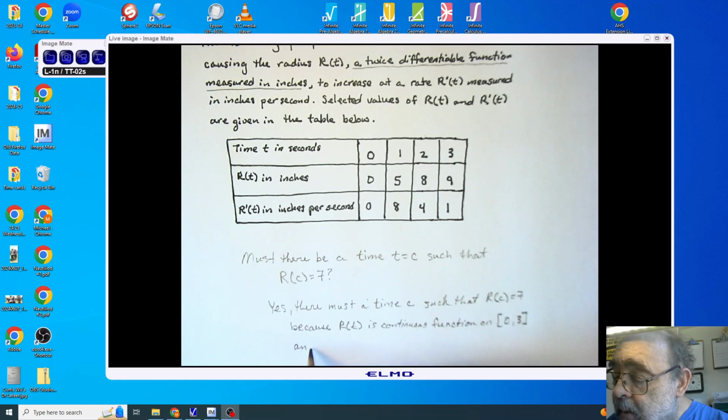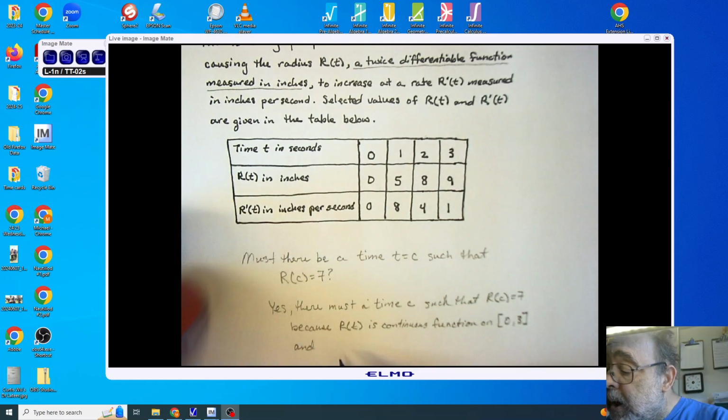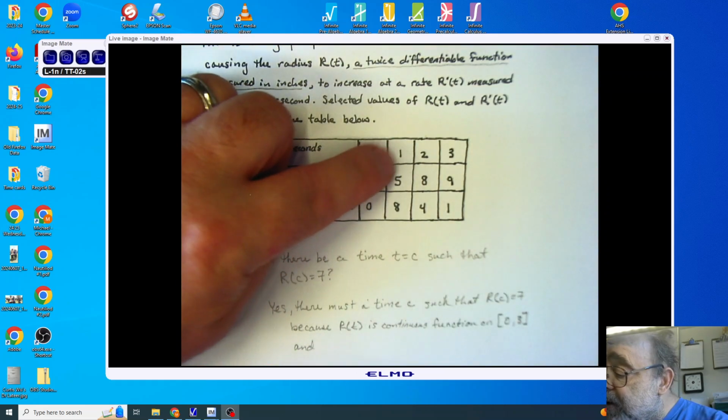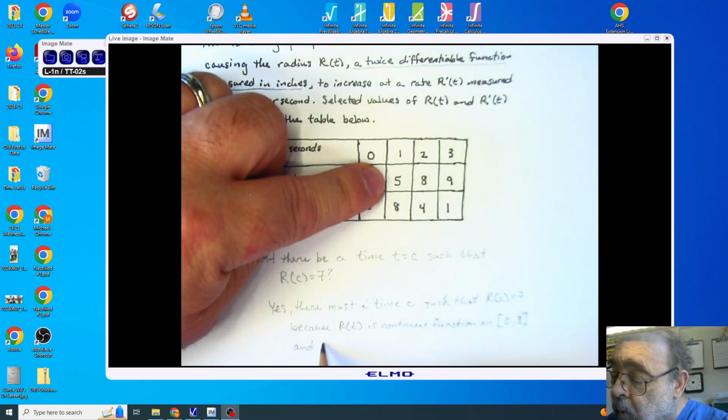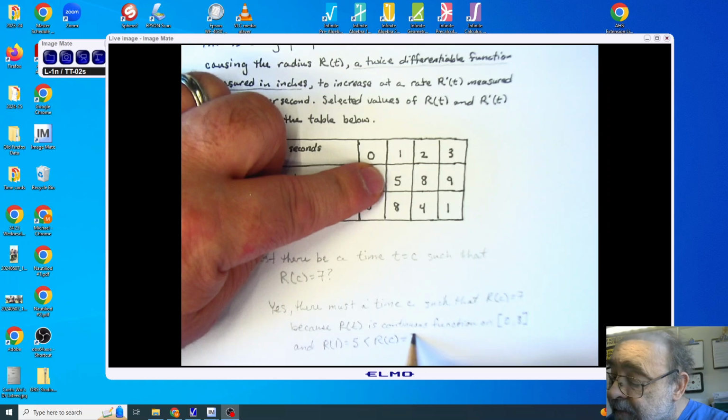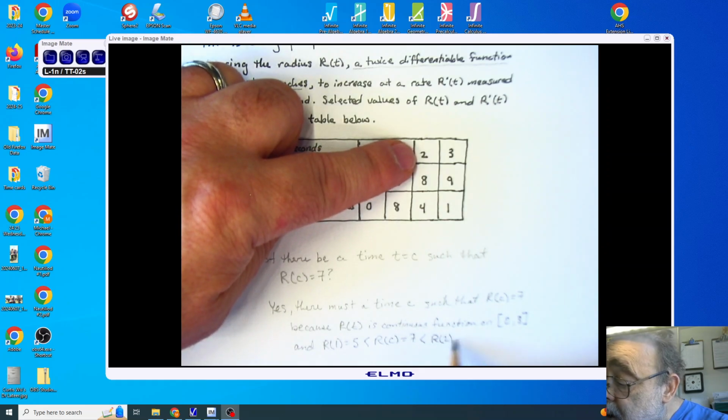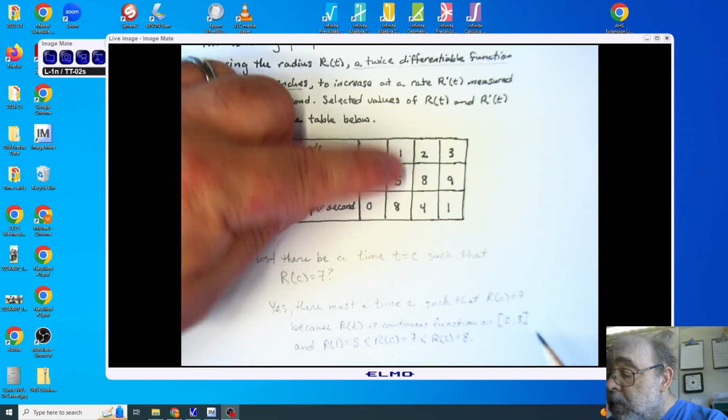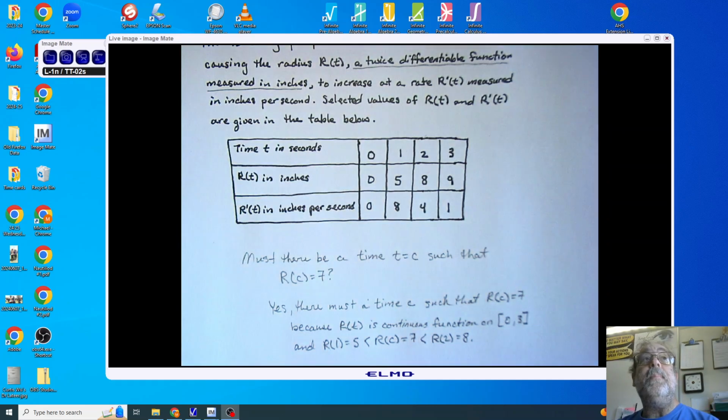And we're now going to create our inequality. So if I'm looking at 7, I know that r of 1 is equal to 5, which has to be less than what we're looking for, r of c equaling 7, which has to be less than our r of 2 equaling 8. And there is our sentence frame.